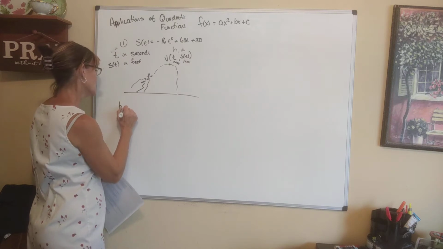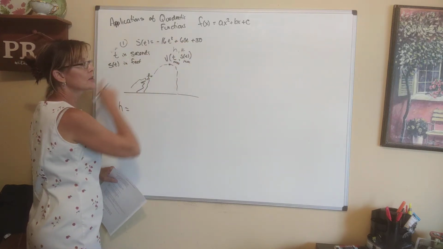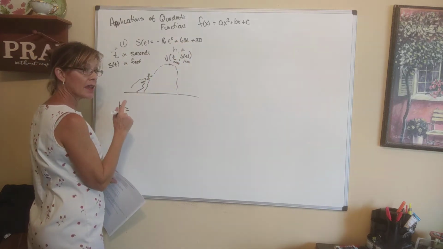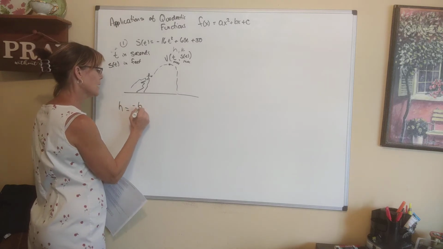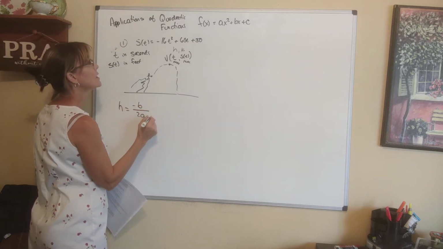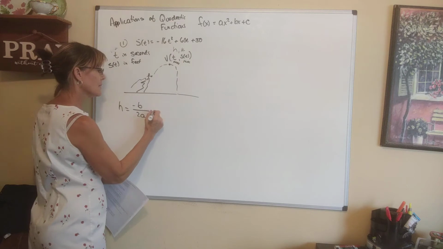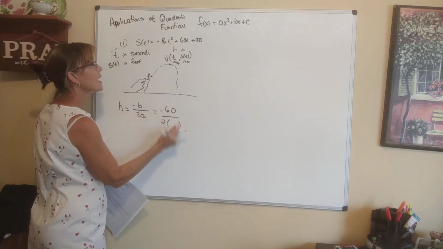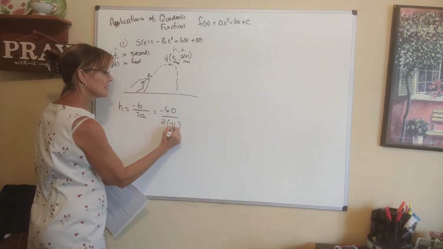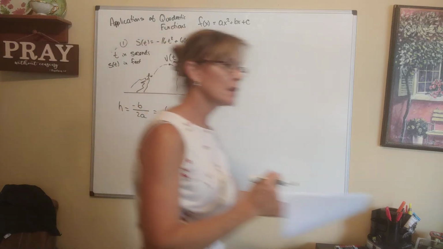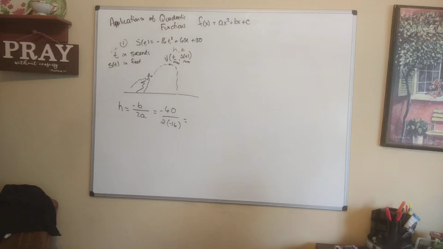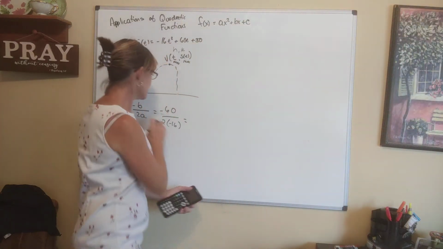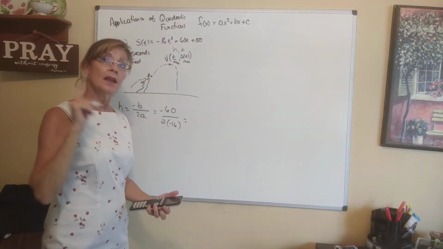This is not in vertex form, but we can figure out h by saying h is equal to negative b over 2a. What is b in this case? It's 60, so negative 60 over 2 times a. What is a in this case? It's negative 16. I'll get my calculator out, and negative 60 divided by negative 16 will give me positive.